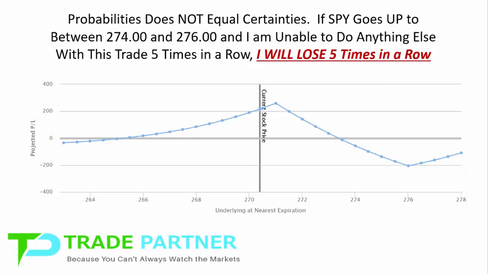There are certainties within limits, but probabilities are not certainties. And so while the mathematical probabilities of this trade are in my favor, if I place this trade on 5 times and 5 times the market moves up into that area where you see the loss, then I will lose 5 times in a row on this type of trade if I'm unable to do anything else on it.